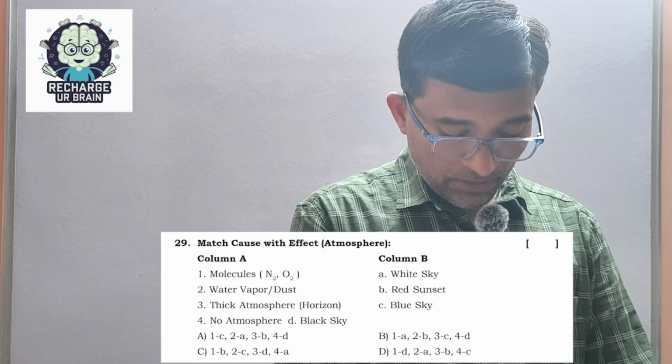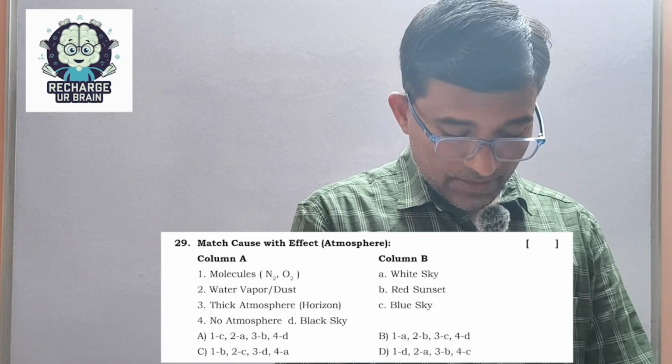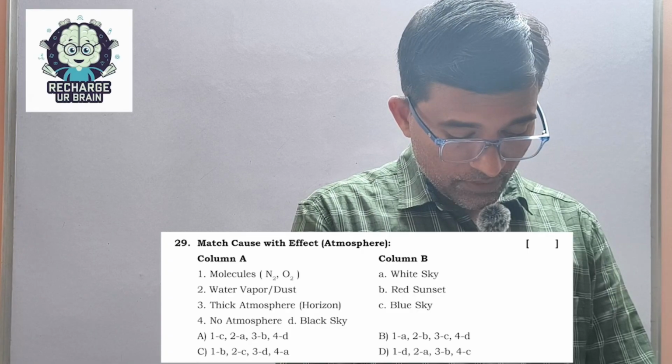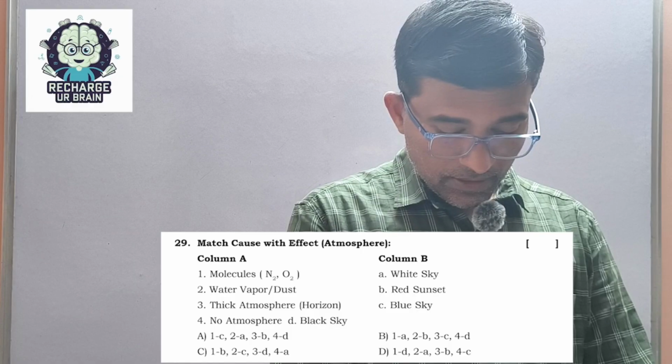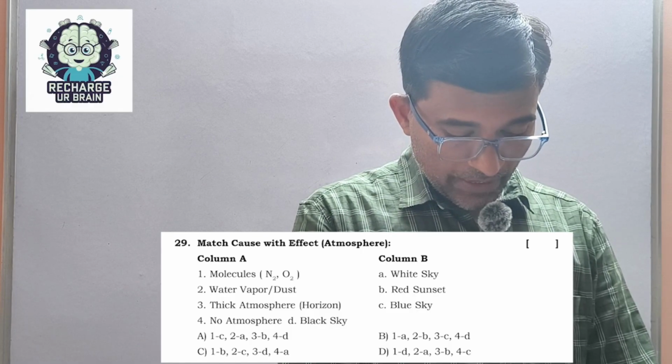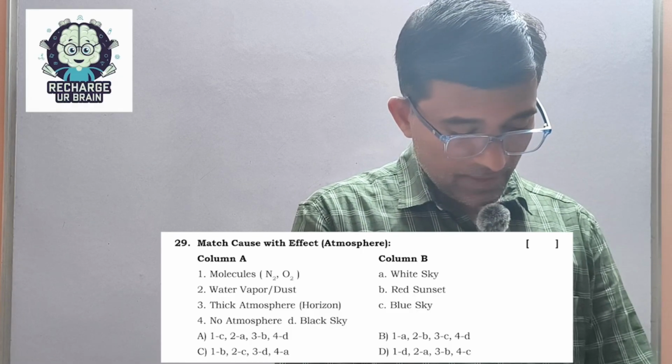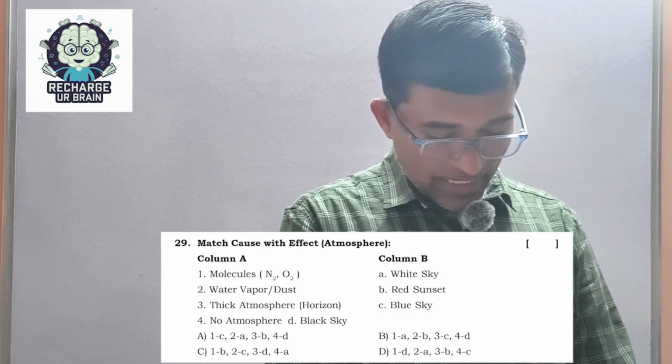Thick atmosphere at the horizon gives red sunset. No atmosphere, black sky. So for 29th one, the right option is A.